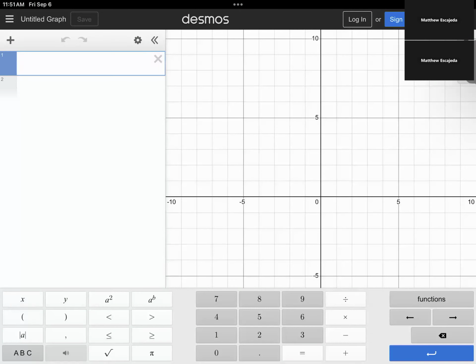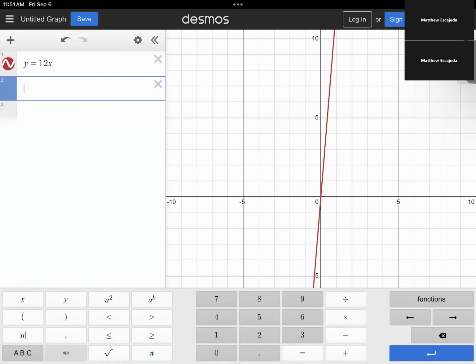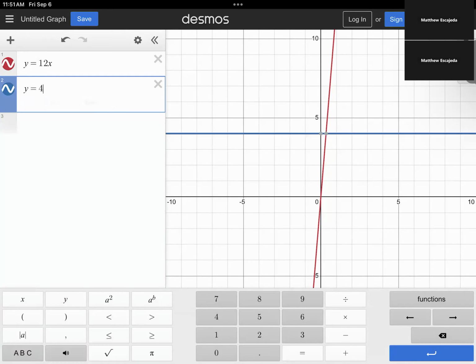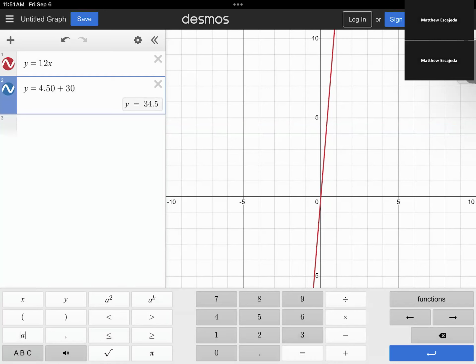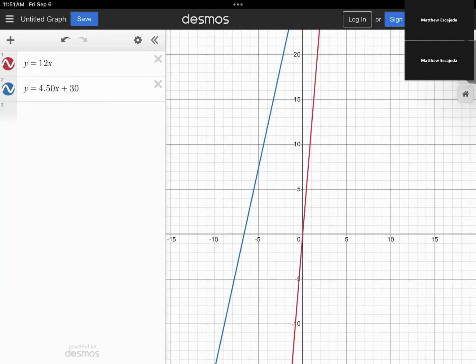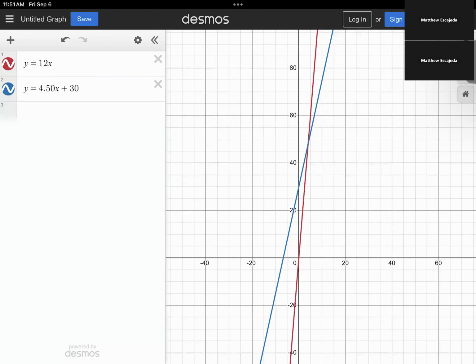My revenue function is y equals 12x, and my cost function is going to be y equals 450x plus 30.